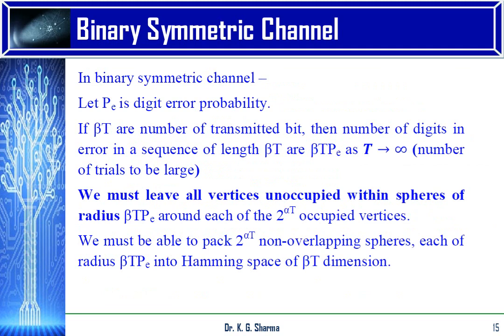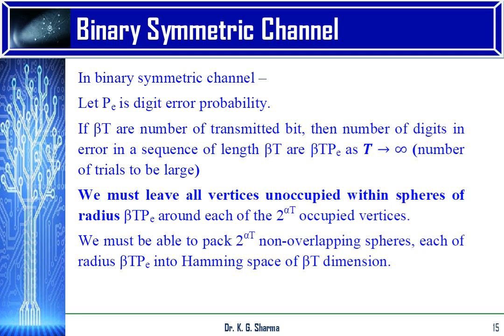In a binary symmetric channel, suppose PE is digit error probability. If beta t are the number of transmitted bits, then number of error bits in the sequence of length beta t are beta t times PE.